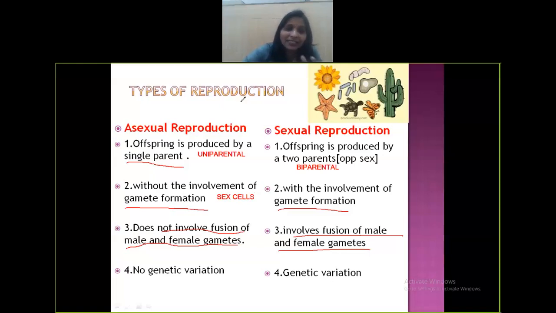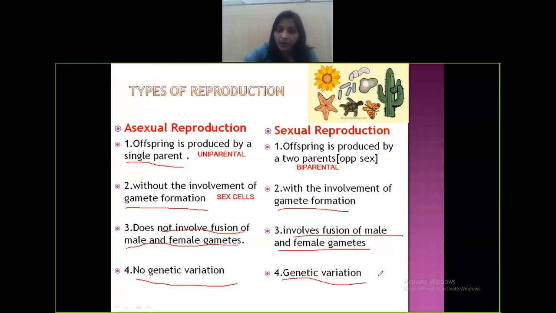Since it is asexual reproduction, it is just ditto, cut, copy, paste. There is no genetic variation. Whereas in sexual reproduction, there is genetic variation, because of recombination. You have studied meiosis.